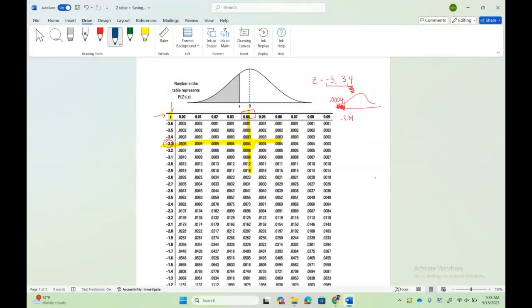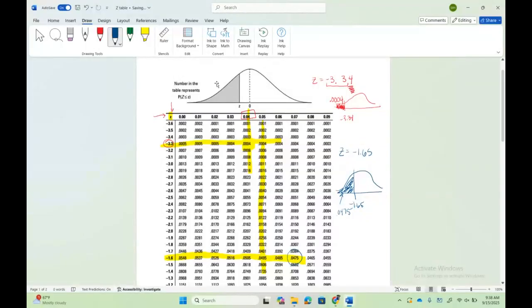If I wanted to find the area to the left if z was negative 1.65, I would go to negative 1.6 and find 0.05 and find where they overlap. And so the area to the left of negative 1.65 is 0.0475.